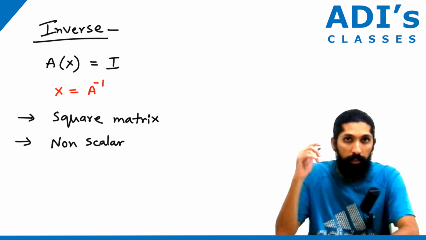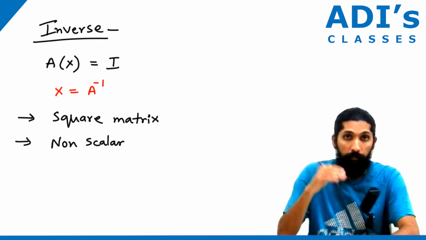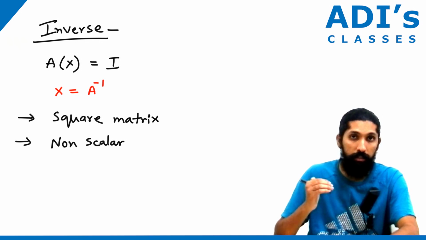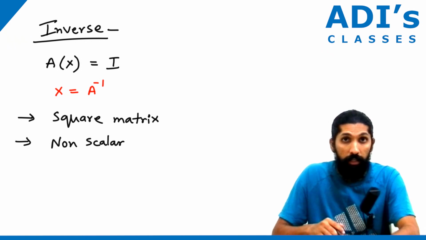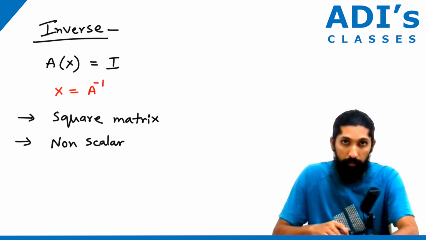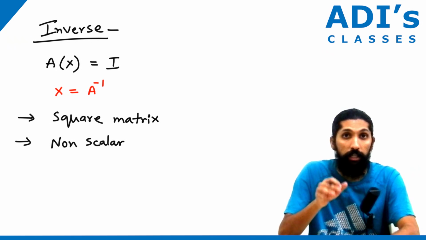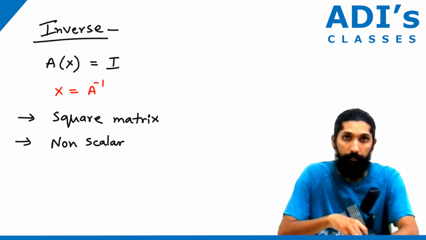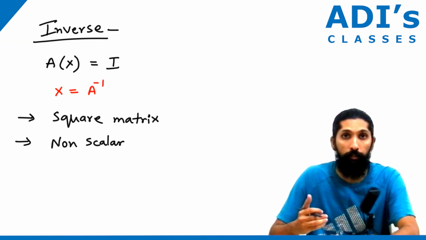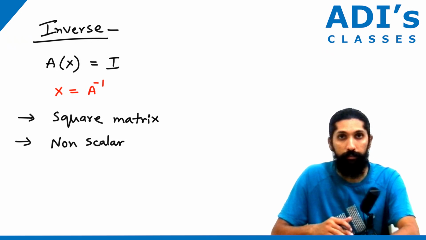Now, having these two prerequisites, if a matrix satisfies these two conditions, then the inverse can exist. That's why in many of the questions you will see, find the inverse if it exists. This is basically what we mean by the inverse of a matrix.